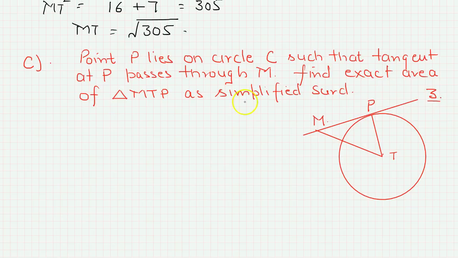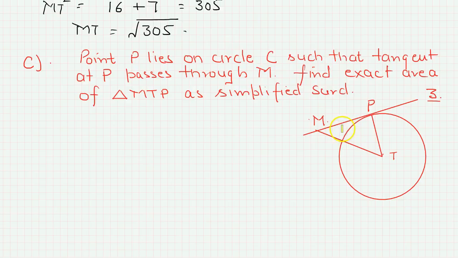Now part C, which is of 3 marks, says that point P lies on the circle C. So let's say this is point P, such that the tangent at P, so this is the tangent at P, passes through M. Find the exact area of triangle MTP.